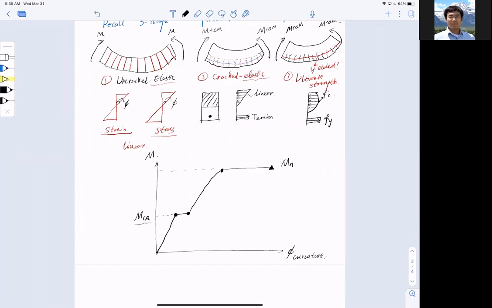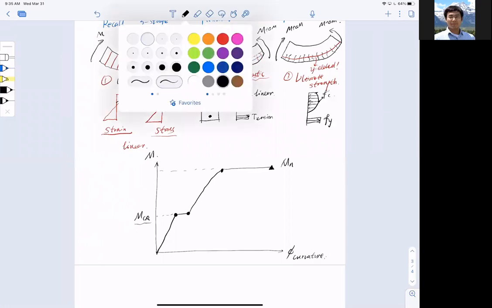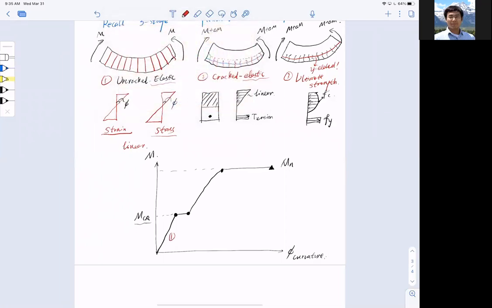Now, if I were to label the stages, you see that this is stage 1, uncracked elastic. Let me just label this like that. And this is stage 2, cracked elastic.